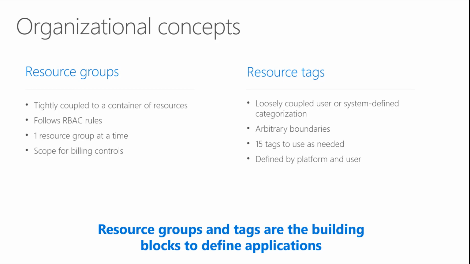But per resource, just like in Azure Stack, we can have up to 15 tags, but the tags cannot be multi-valued. At the end of the day, they're just defined by the user or by whoever in the subscription wants to have governance over those.